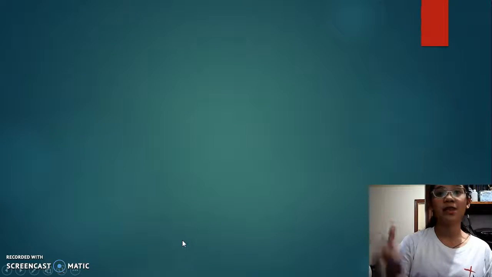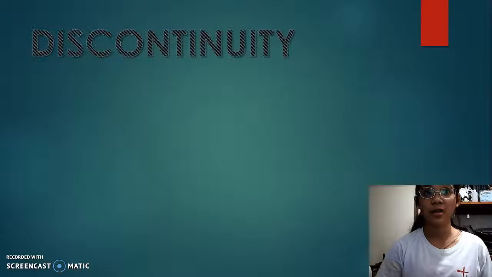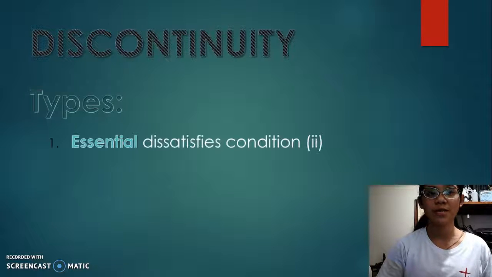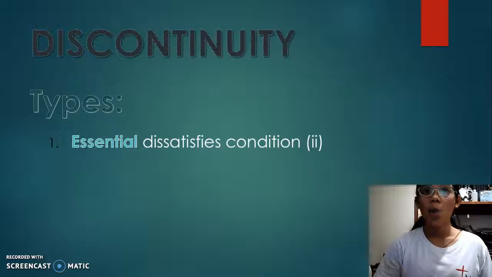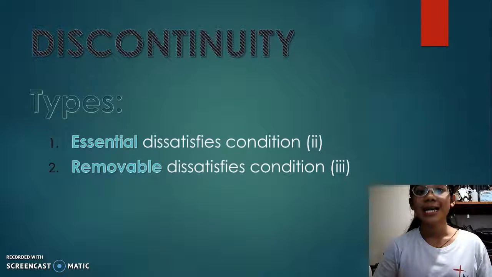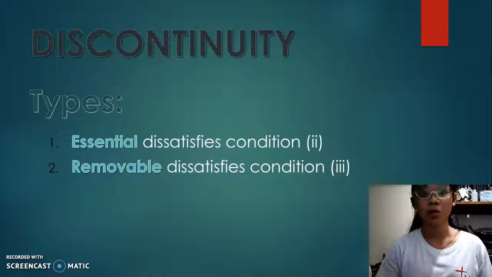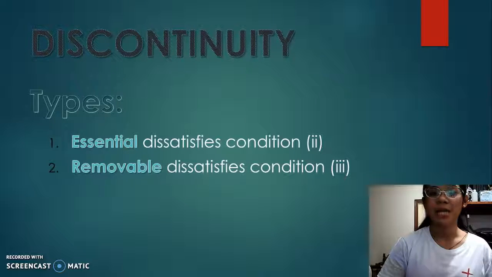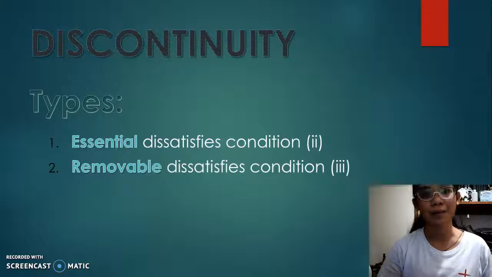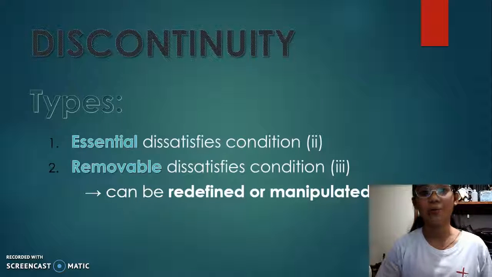And if one of these conditions is dissatisfied, then we would have a discontinuity. So there are 2 types of discontinuity. We have essential, when condition 2 was not satisfied, and removable, if it satisfies conditions 1 and 2 but fails to prove condition number 3 to be true. But don't you worry, because this type of discontinuity can be manipulated so that finally the function f would be continuous at point A.